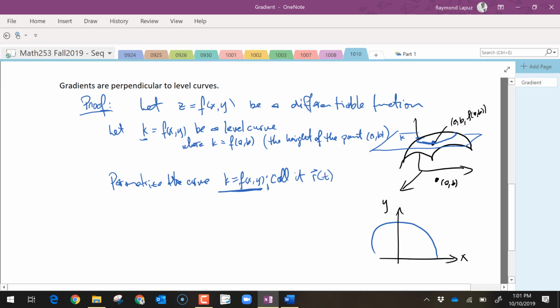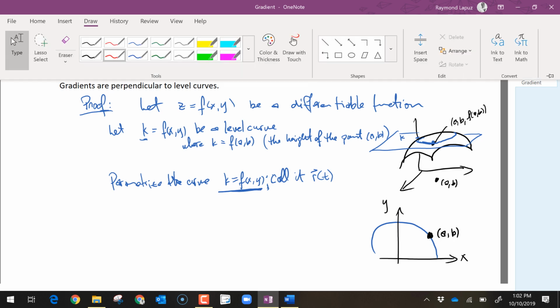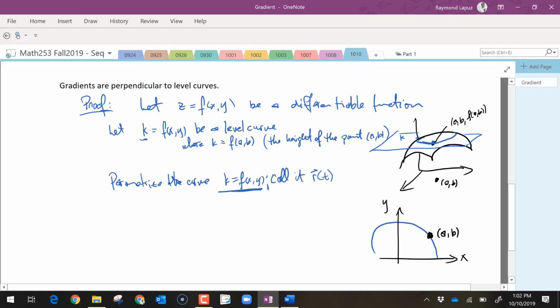But I know for sure that I have a point there, (a, b), on the xy plane. Okay, so this is the curve. I can call it k is equal to f of x, y. But I've just parameterized it, so I'm going to call it r of t. And r has an x of t and a y of t. Maybe I'll make that clear. Well, I'll just put it in the statement of the proof.